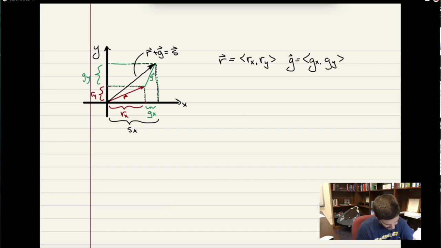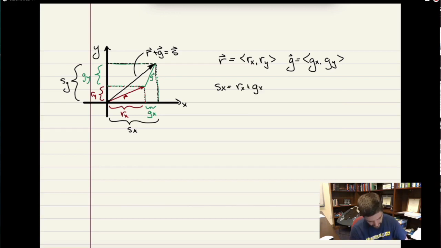And then if I were to have a line here, this represents the vertical component of s. And with a little staring, you can convince yourself that the sum in the horizontal direction is just the sum of the individual x components, and the sum in the y direction is just the sum of the individual y components. And that is true in general.